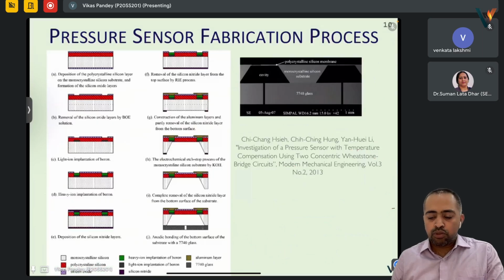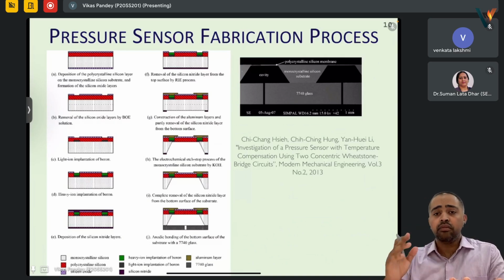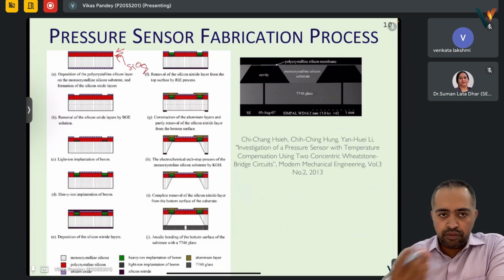Okay, so these are some figures taken from papers. You see how they are adopting the process of making different kinds of pressure sensors. Here you see deposition, they are depositing a polysilicon layer. First they are making SiO2, very similar to what we have discussed.